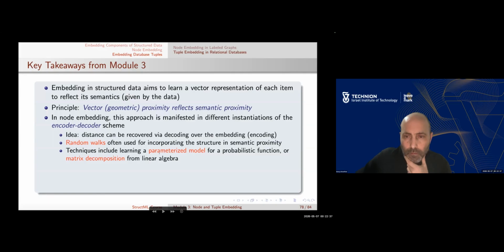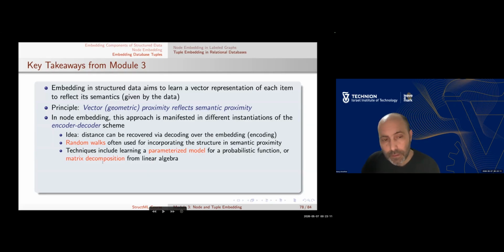For defining these proximities or distances, we use random walks and different probabilistic functions, and the embeddings are aiming to learn this probabilistic function with parameters, which include the embeddings.